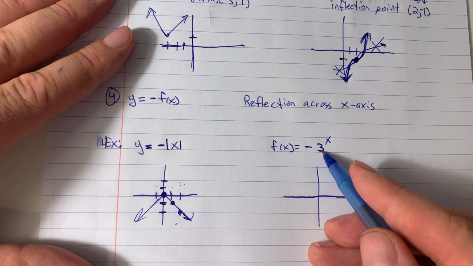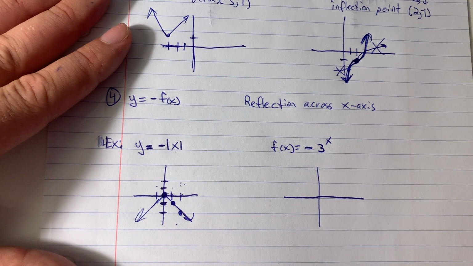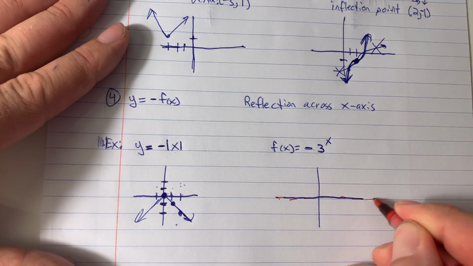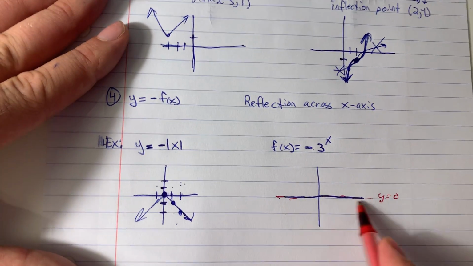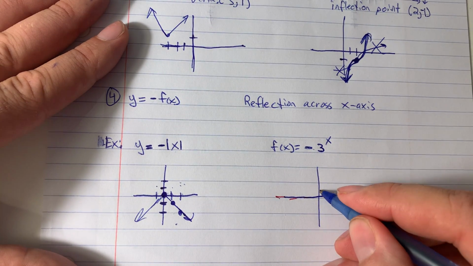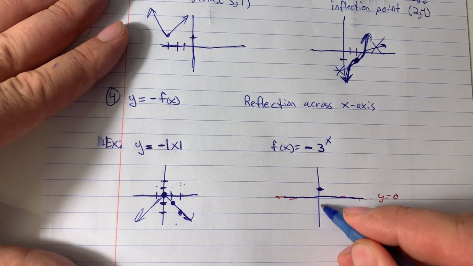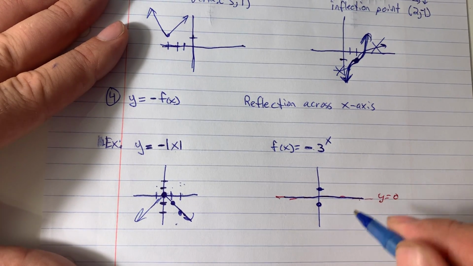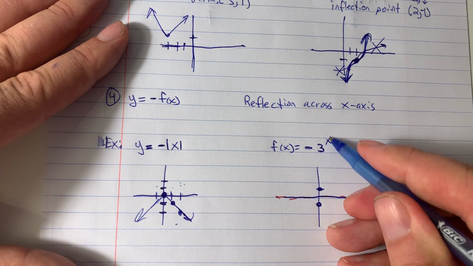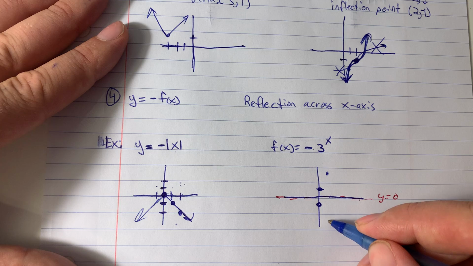The same thing will happen for this exponential. There's normally an asymptote at y equals 0, and that won't change because the negative of 0 is still 0. Our important key point is normally at 0, 1, and that's going to become negative. It'll be at 0, negative 1. Our next point would normally be 3 to the 1, which is 3, but that is going to reflect and become negative 3.